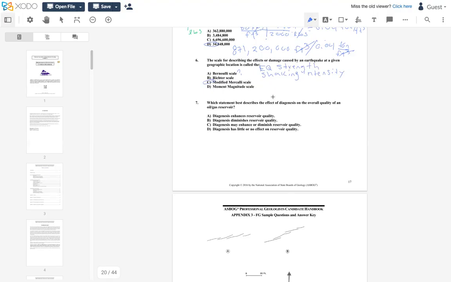Okay, so number 7. Which statement best describes the effect of diagenesis on the overall quality of an oil gas reservoir? Immediately, yikes.